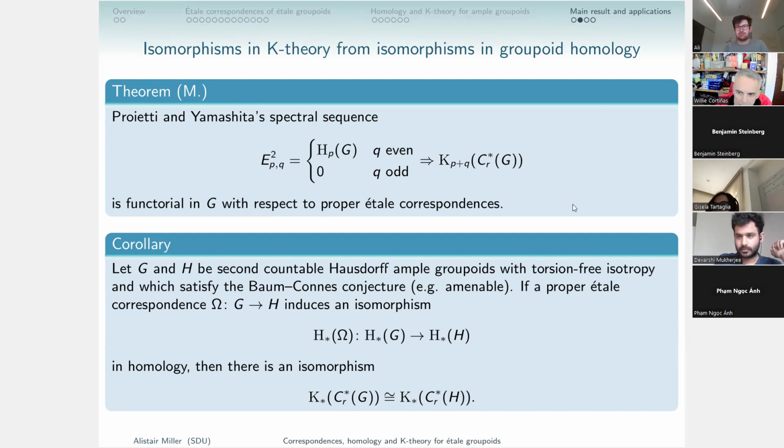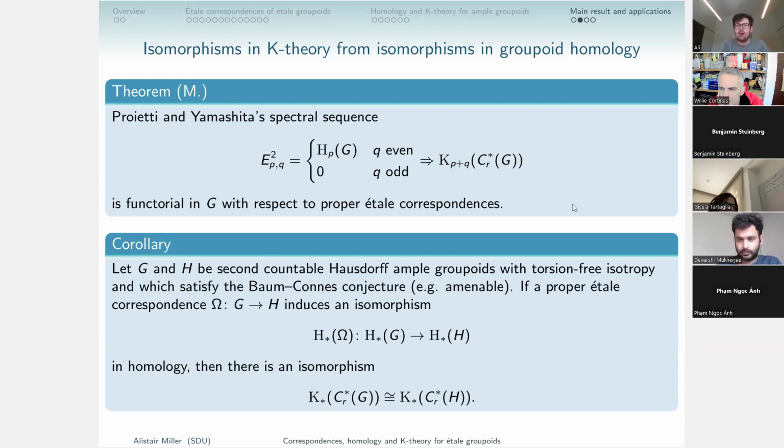I have a question or comment. Go ahead. So in the case where we have a group, do we even then have a Chern character from topological K-theory to periodic groupoid homology?